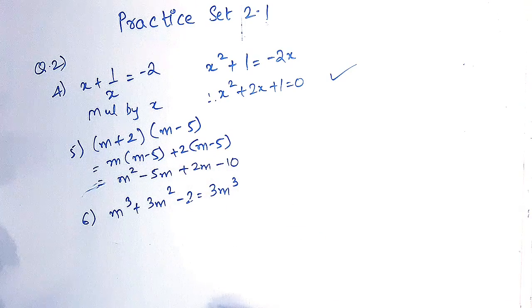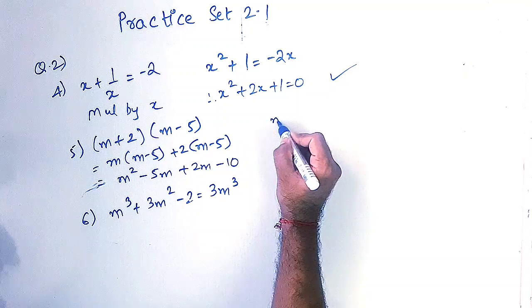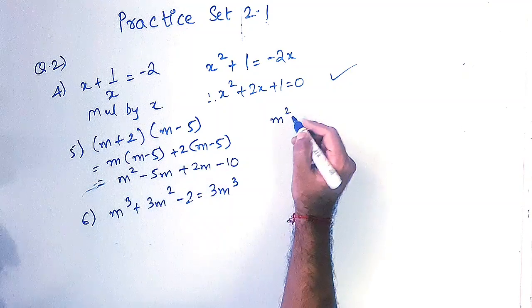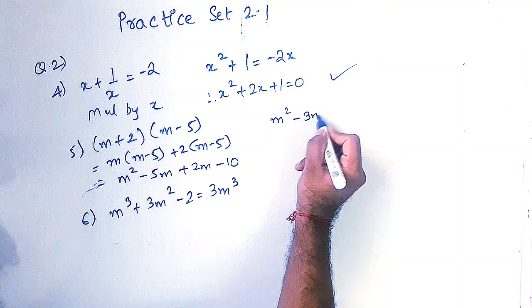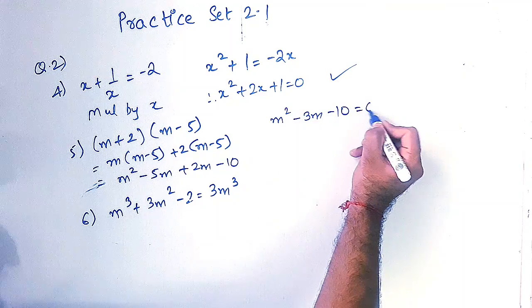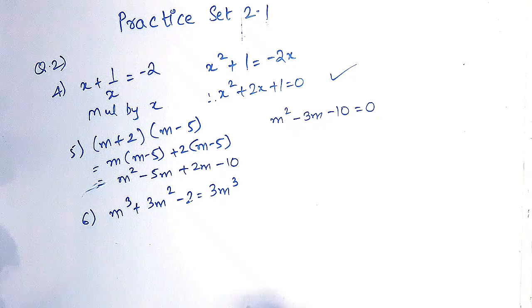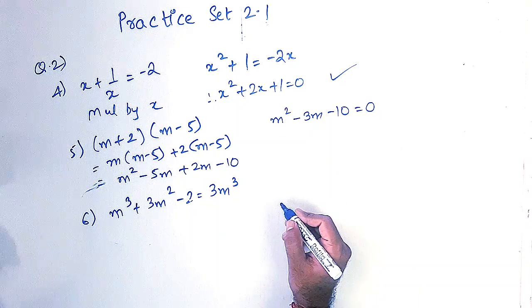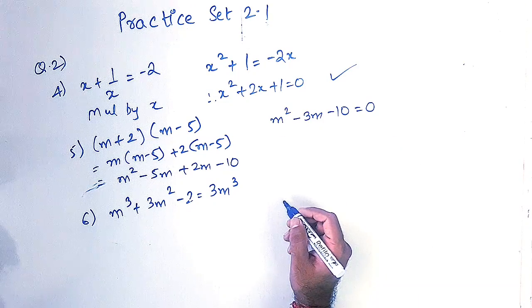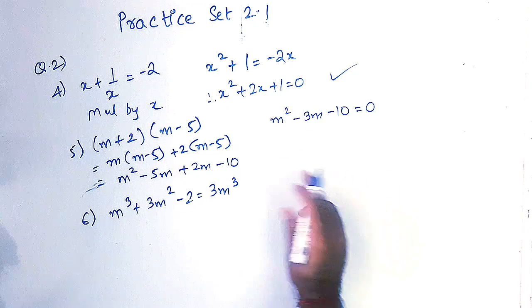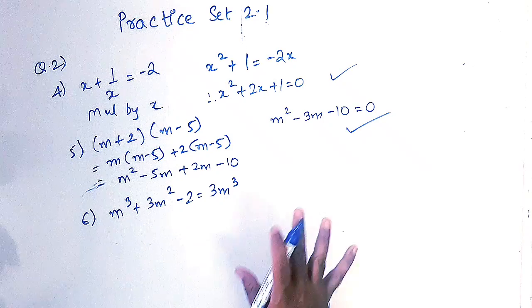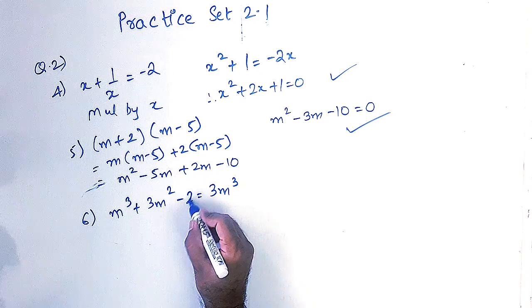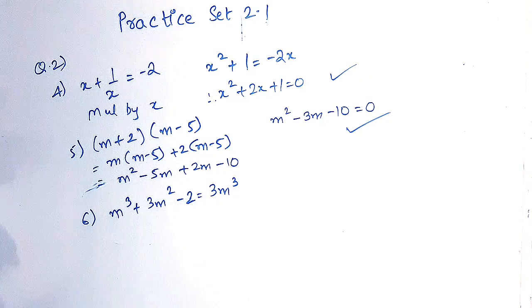Now m square minus 5m plus 2m becomes m square minus 3m minus 10 equals 0. You can see the highest degree is 2, highest index is 2, so you can write therefore it is a quadratic equation. I am just putting a tick for your better understanding.